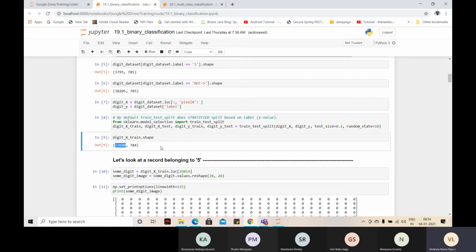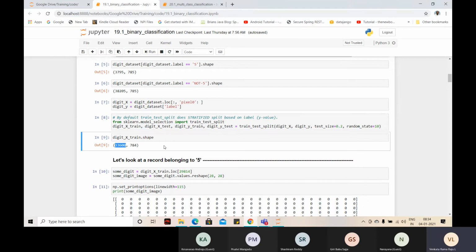Then what you can do is take the records belonging to 0 and the records belonging to 1. What is the size of the data set? If the records belonging to 0 are 3,500 and records belonging to 1 are 3,500, you are building a data set with only records belonging to 0 and only records belonging to 1.